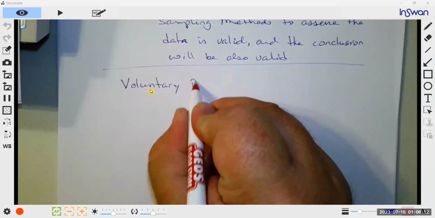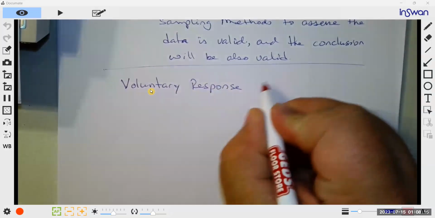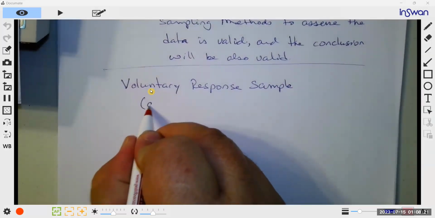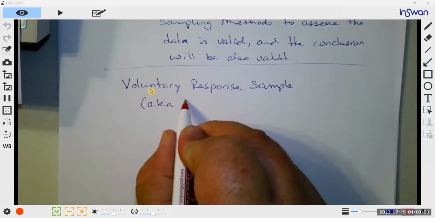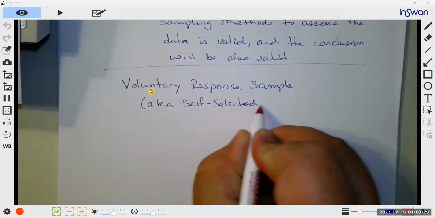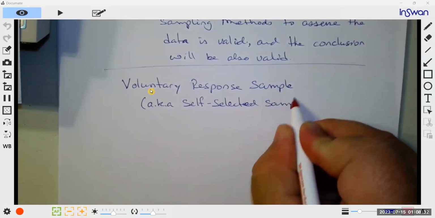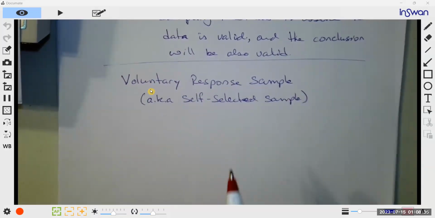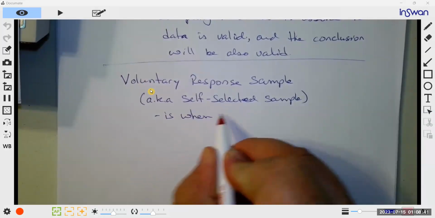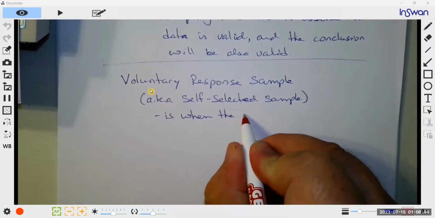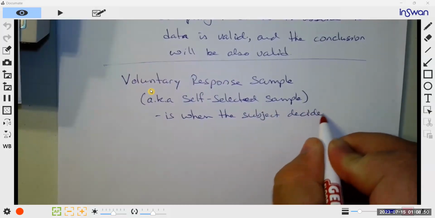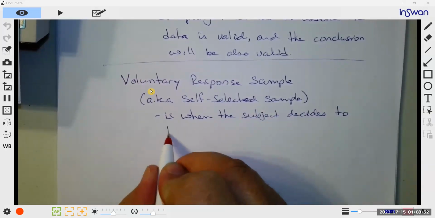is a voluntary response sample, also known as the self-selected sample. This one is when the subject decides to be included.